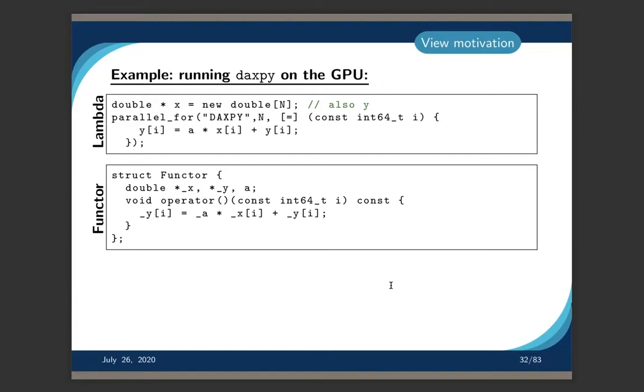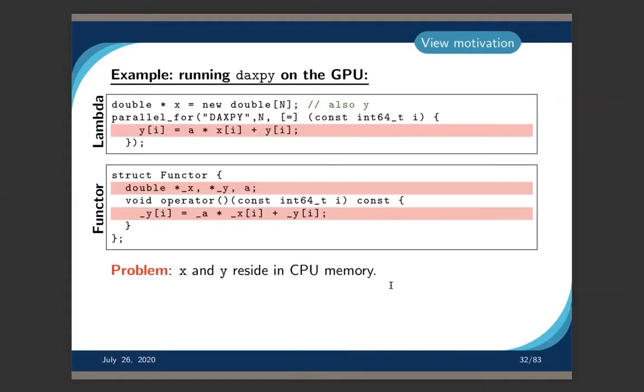And you wrote this parallel for, and before that, you created some pointers for X and Y and whatnot. Maybe you wrote your functor where you capture these members explicitly. Now, there's a bit of a problem, right? If you allocated just something with new, that memory resides on the CPU and isn't necessarily accessible on the GPU.